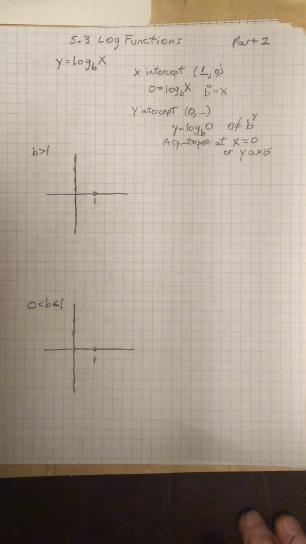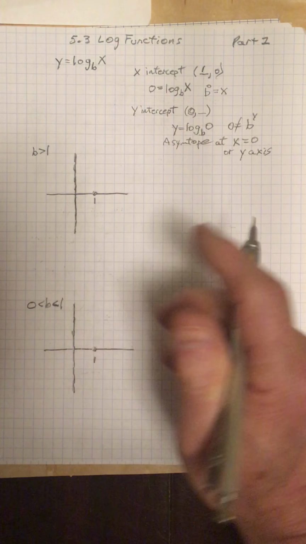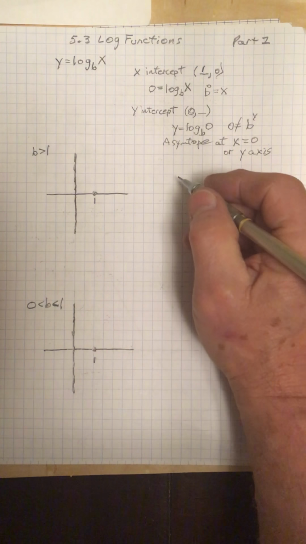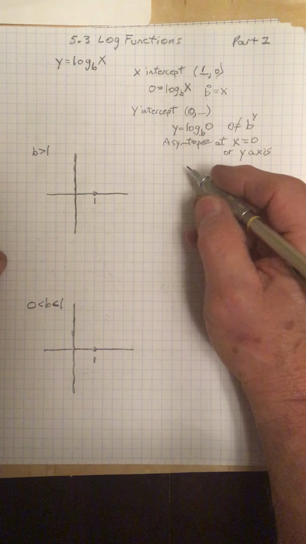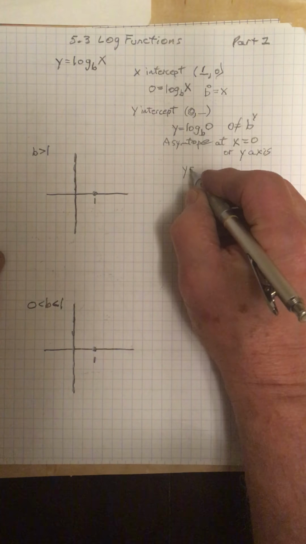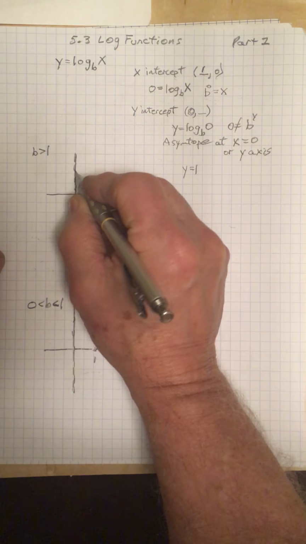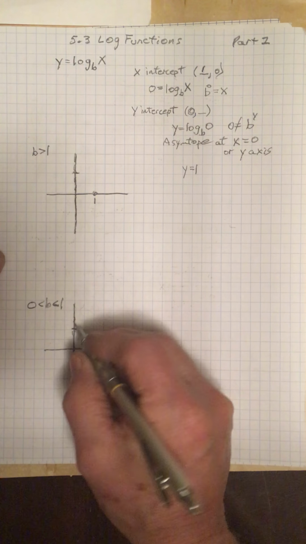There's really one more point, and that's going to make the difference between these two graphs, because right now they look like they could be the same thing. What I want to look at here is what happens when y equals 1. So in other words, here's y equals 1, here's y equals 1.